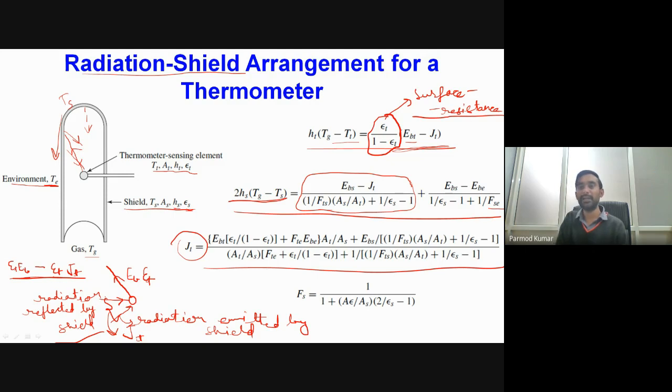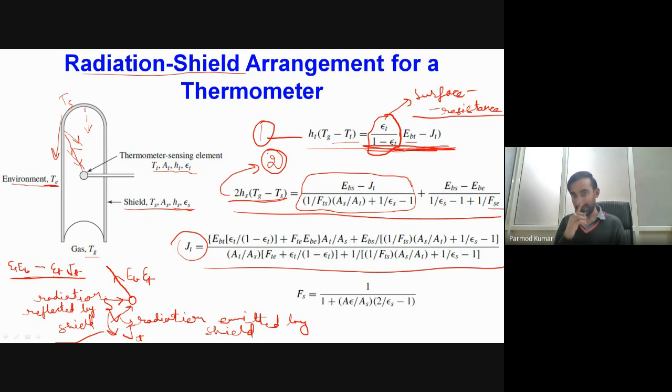Because of that, the term on the right-hand side of the energy balance for the thermometer will become negligible and we will get accuracy in temperature measurement. However, if we have to include the detailed effect of radiative heat transfer in the measurement of temperature, then these two equations, the first being the energy balance of the thermocouple and the second the energy balance of the shield, we have to solve simultaneously.